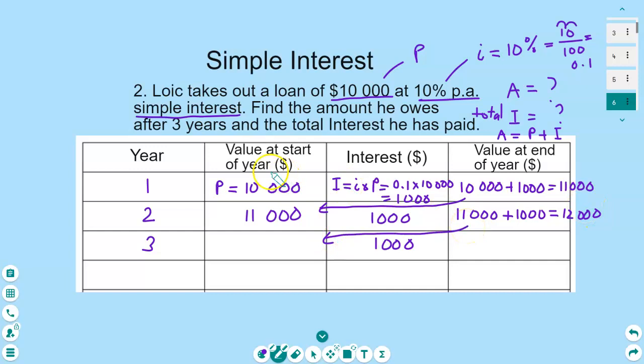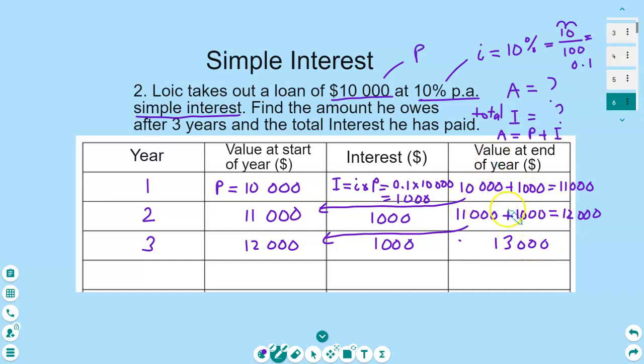Then the value at the end of year 2 is the same as the value at the start of year 3. Okay, interest remains the same. It's nice and constant for simple interest. And then, again, 12,000 plus 1,000, 13,000.